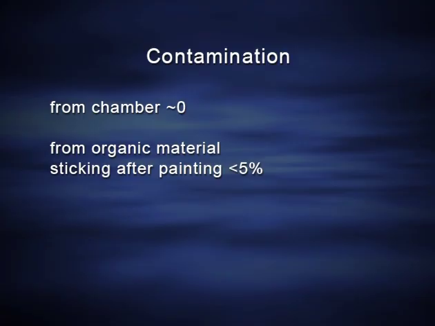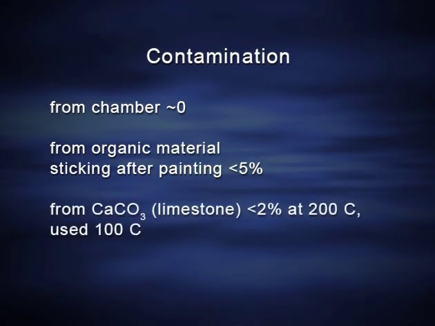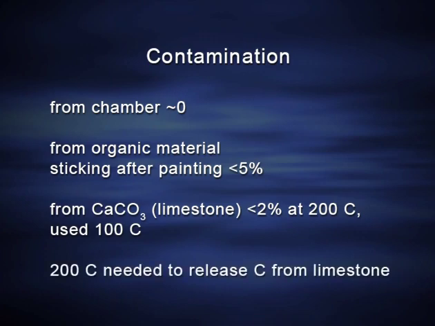But most importantly, the principal source of contamination one is worried about, the calcium carbonate or limestone that the paint was stuck to, is zero, or at least less than a few percent, because the carbon in calcium carbonate won't be liberated until the temperature is above 200 degrees, and you only baked this paint chip to 100 degrees. So that carbon remains safely locked away. That old carbon, which would contaminate your measurement, is taken out of the equation.